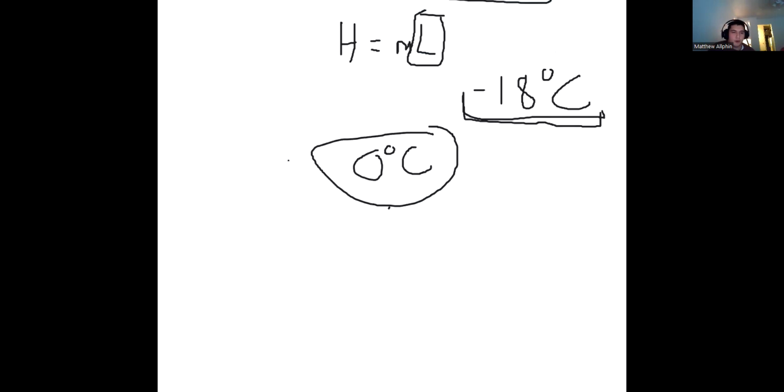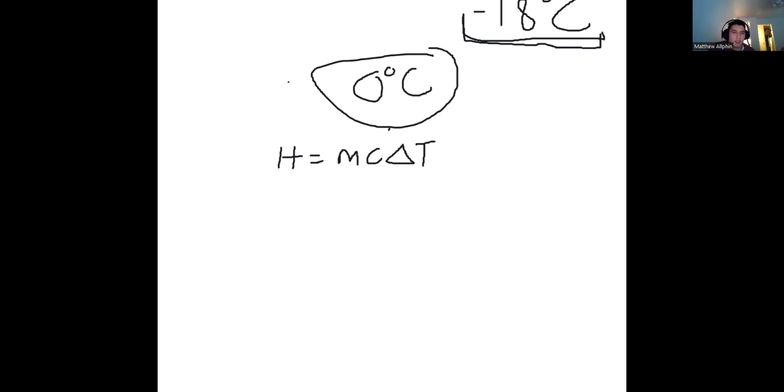So in order for a temperature change, I need to use this equation. H equals heat equals the mass times the specific heat times the change in temperature, right? So in this case, my final temperature is going to be 0 degrees Celsius, and my initial temperature is negative 18, so 0 minus negative 18 degrees Celsius.